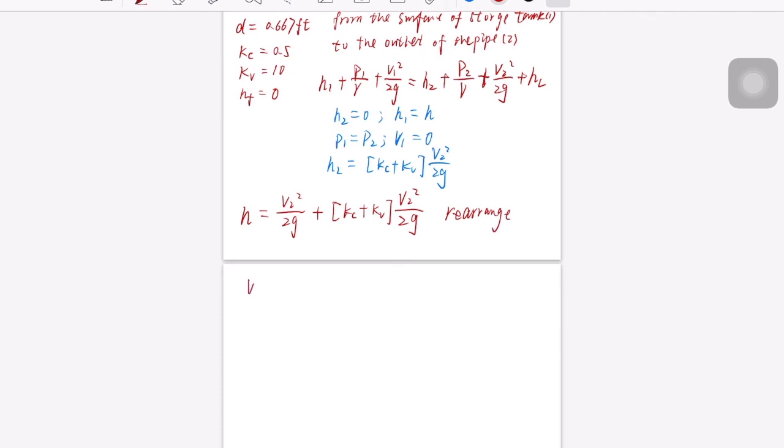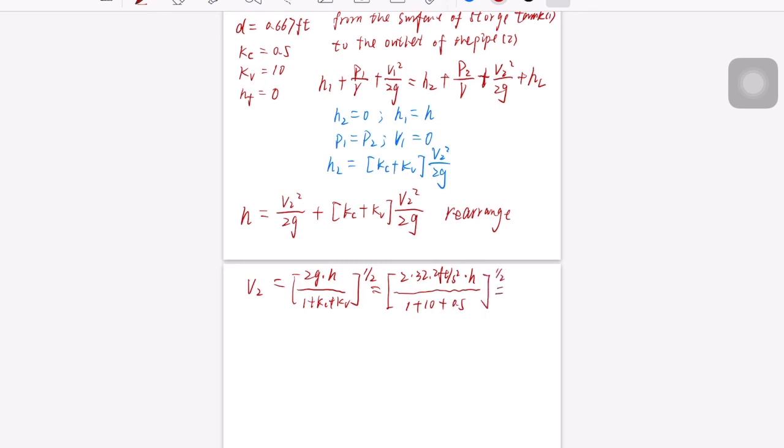We can get that V2 equals g times H over 1 plus Kc plus Kv, to the power of 1 divided by 2, which equals 2 times 32.2 feet per second square times H over 1 plus 10 plus 0.5.